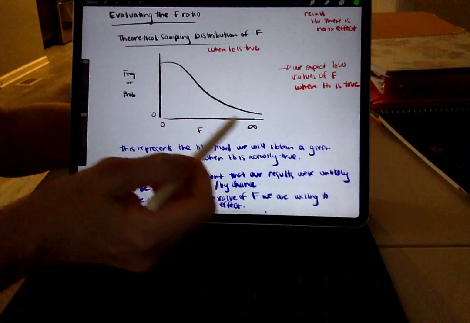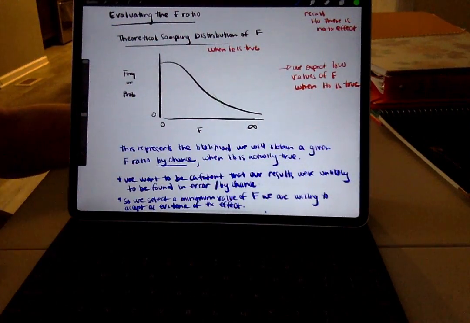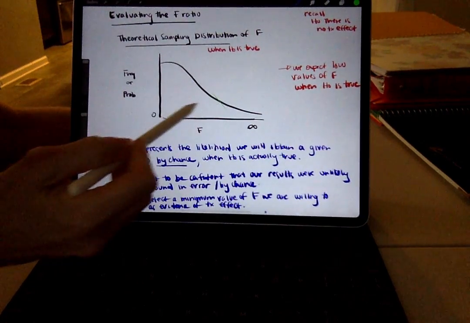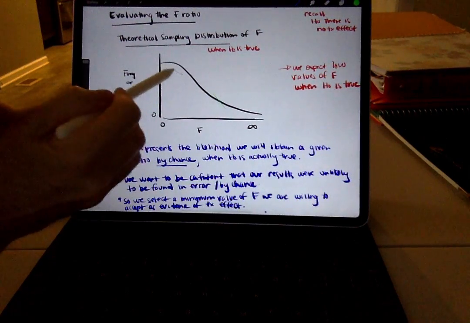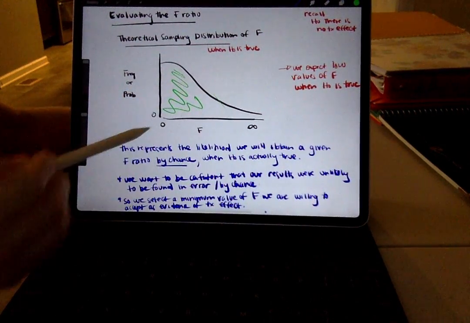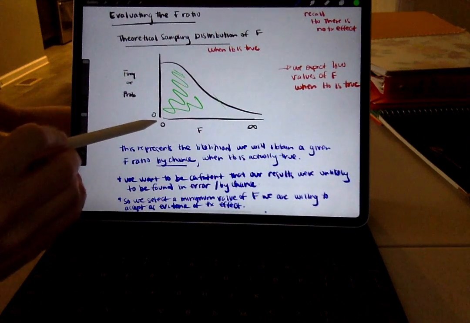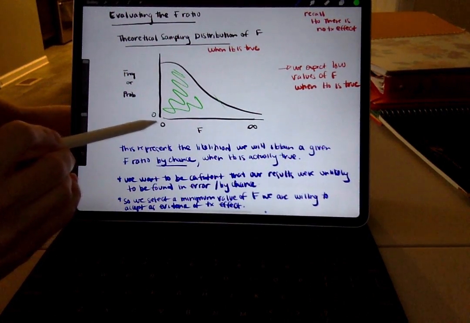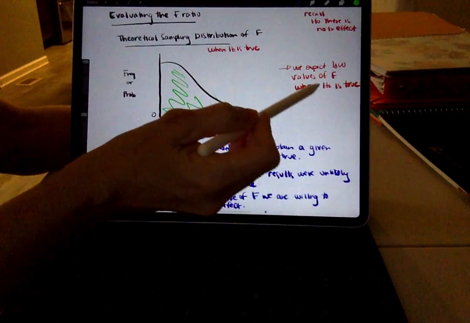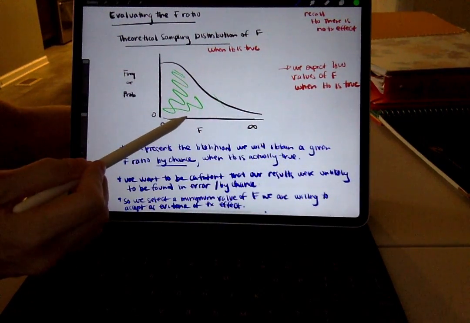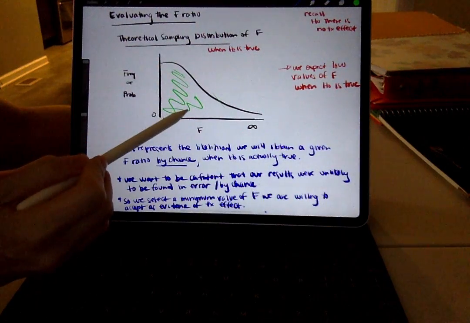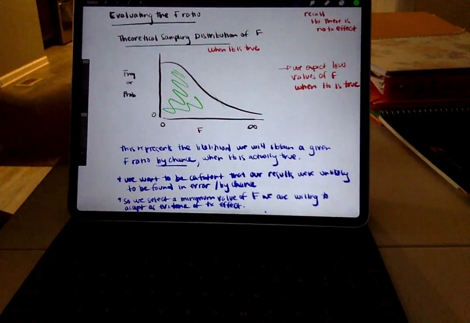This curve represents the possible values of F when the null hypothesis is true. If you notice, most of the area under this curve is with low values of F. So when the null hypothesis is true, we expect low values of F. Let's think about what that means.